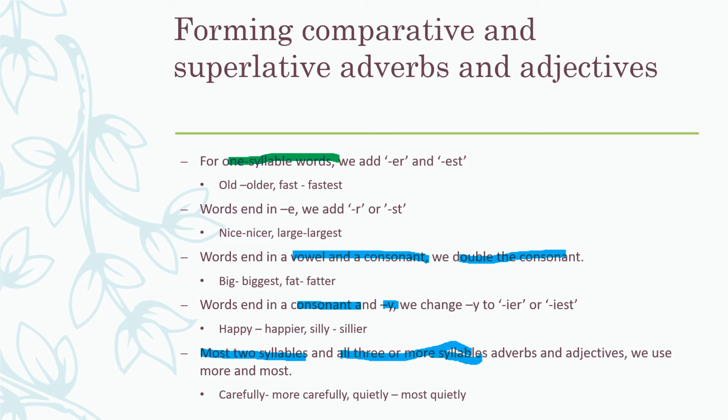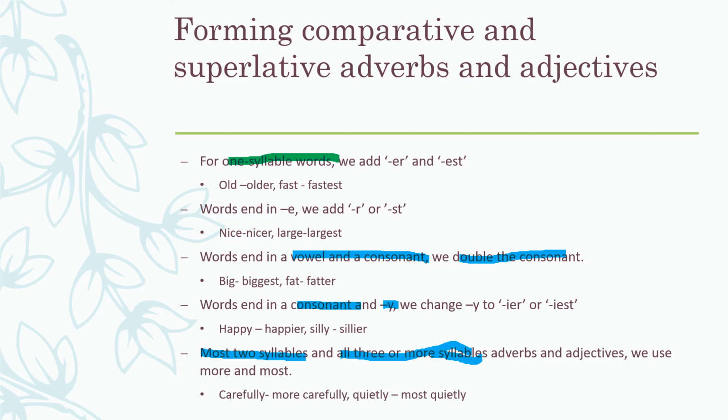So for all words with three syllables we use more. So carefully, more carefully, most carefully. Quietly, more quietly and most quietly. I hope this formula can help you to determine whether you should add -er or you should add more for each and every comparative and superlative form.